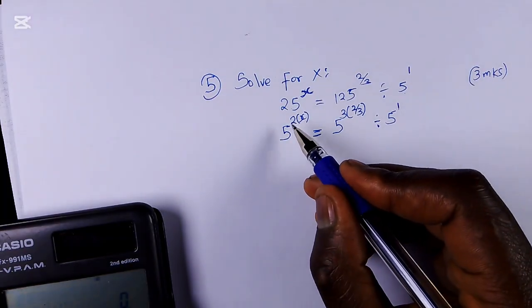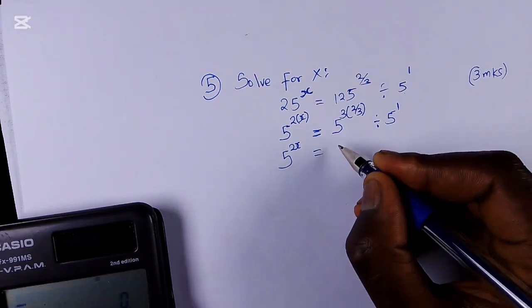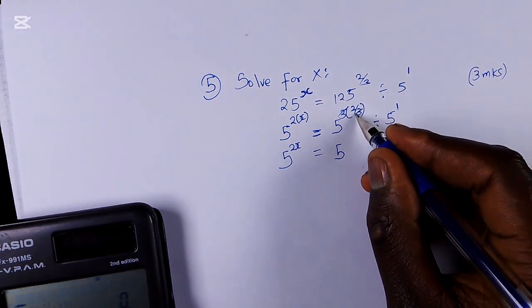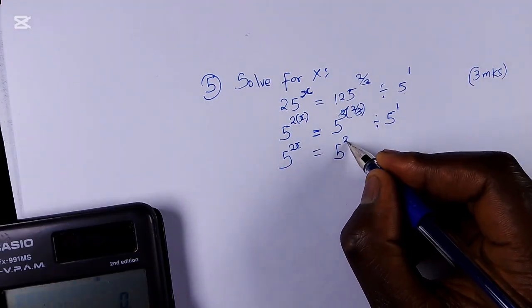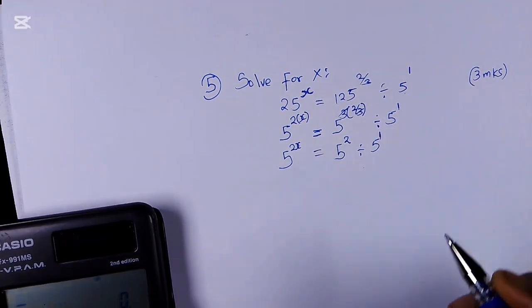So we will now multiply the powers. We will have 5 to power 2x is equal to 5 to power 3 will simplify with 3, and we will be left with 5 to power 2 divided by 5 to power 1.